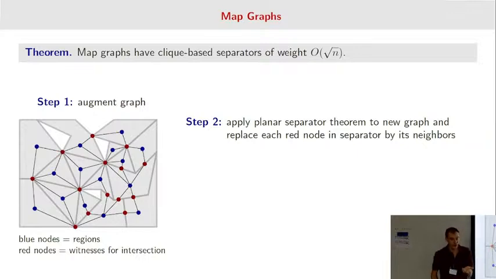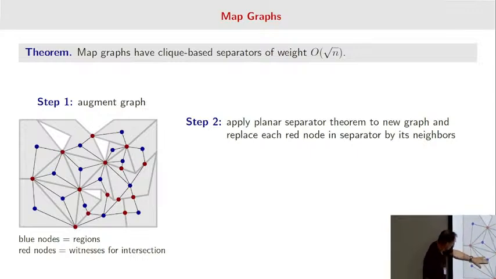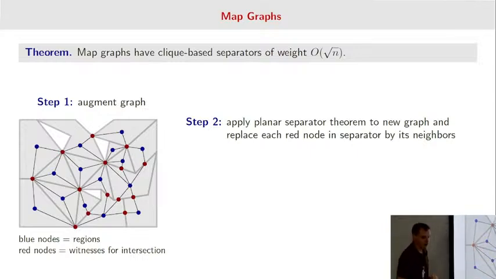Or I could say it's the intersection graph of regions that are touching, where whenever they touch, even in a single point, I connect them. So there are these empty regions that don't count, but I have these other things that form my nodes.